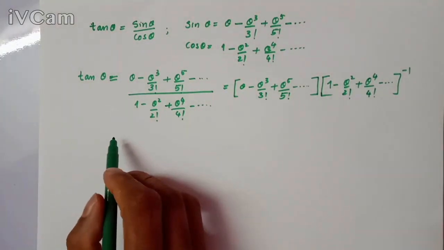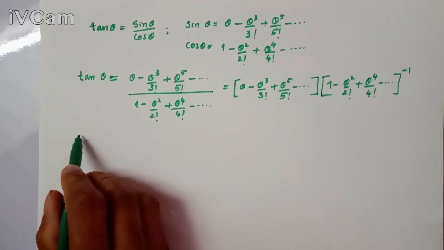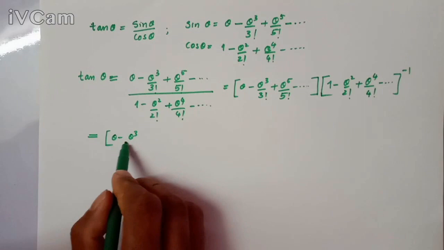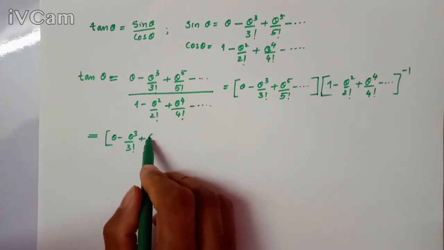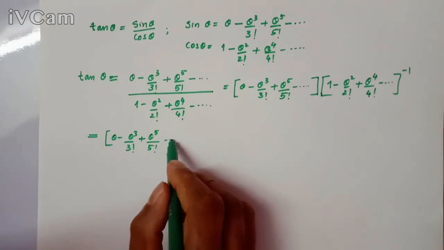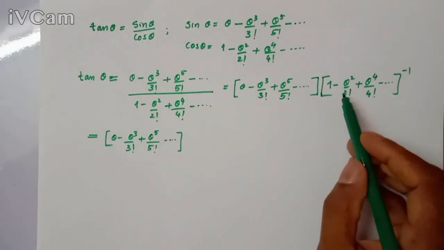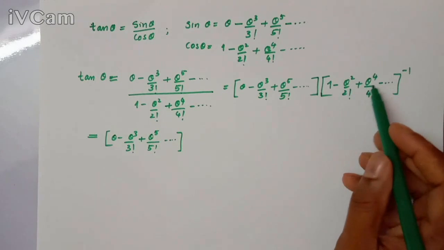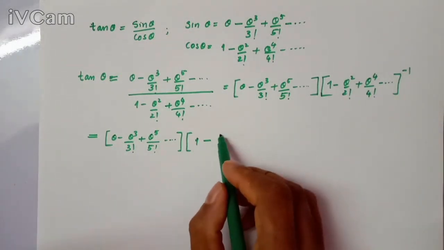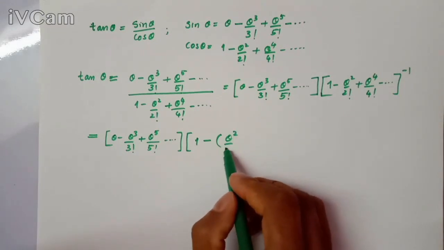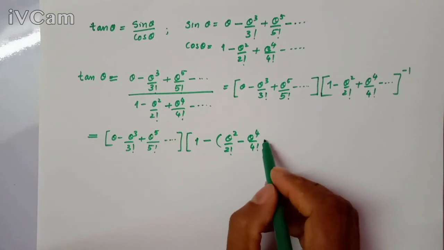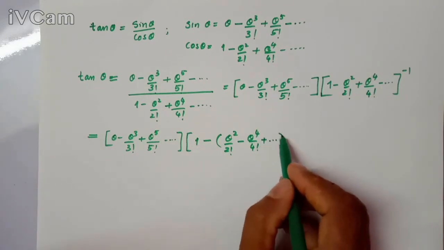Now this is of the form 1 minus something whole raised to minus 1. So I'll write this as 1 minus of theta square by factorial 2 minus theta raised to 4 by factorial 4 plus etc.